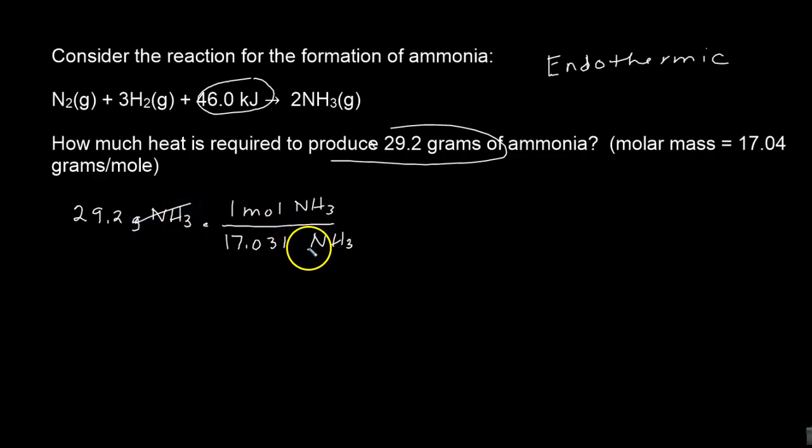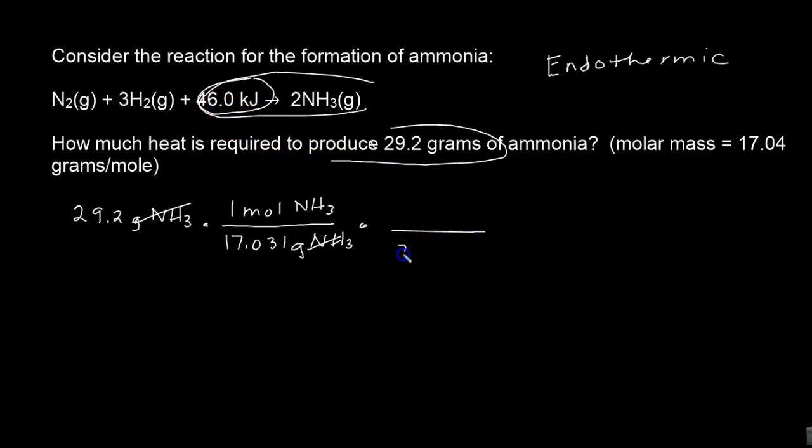So I'm at moles of ammonia. From my formula here, now that's this piece here, 2 moles of ammonia are produced if I absorb 46 kilojoules.